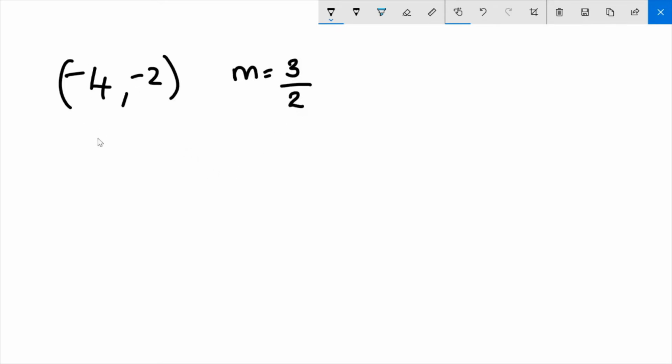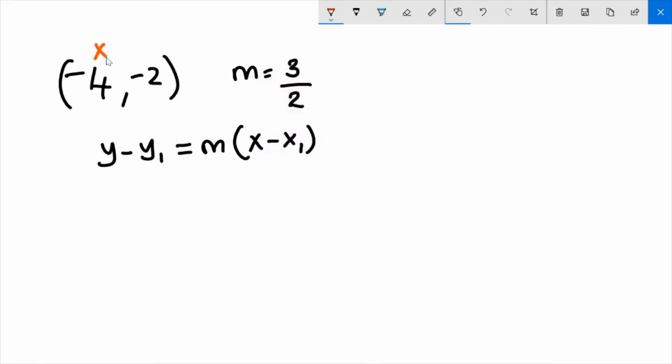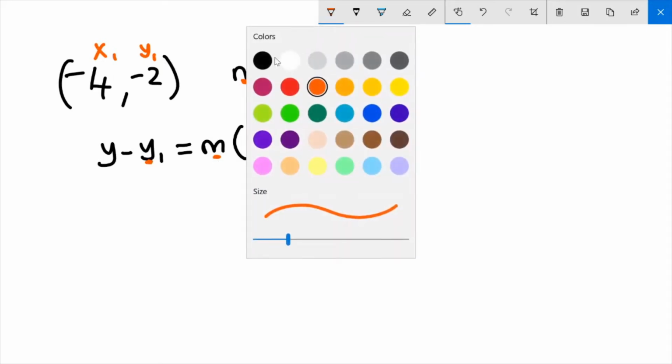So again, we'll just use y minus y1 equals m times (x minus x1). So remember, this is x1, y1, and this is m.